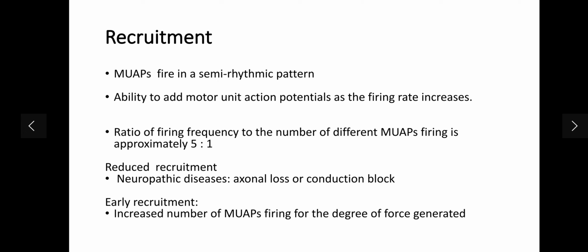The ratio of firing frequency to the number of different motor unit action potentials is approximately 5 to 1. So with increasing firing rate of motor units, you expect more motor units to be recruited, and this is what we call recruitment.